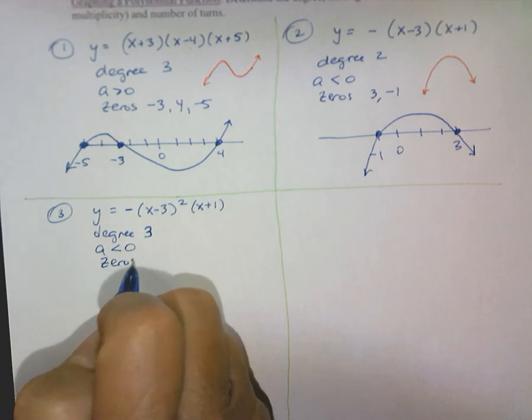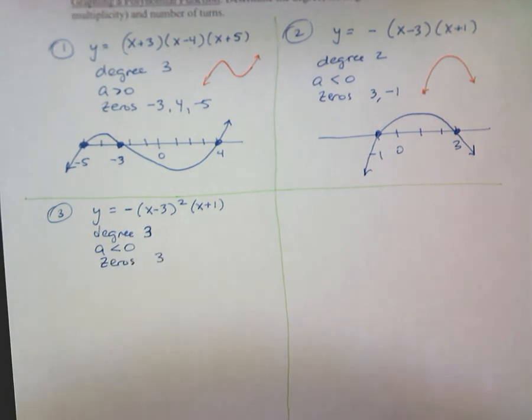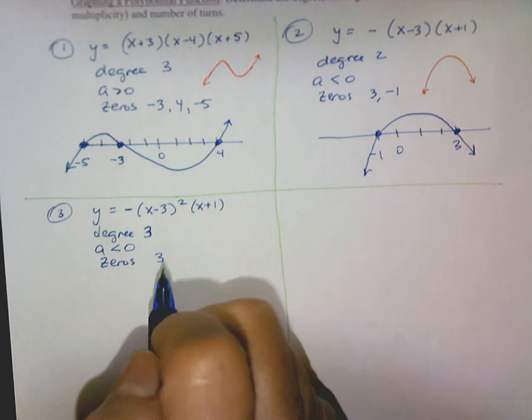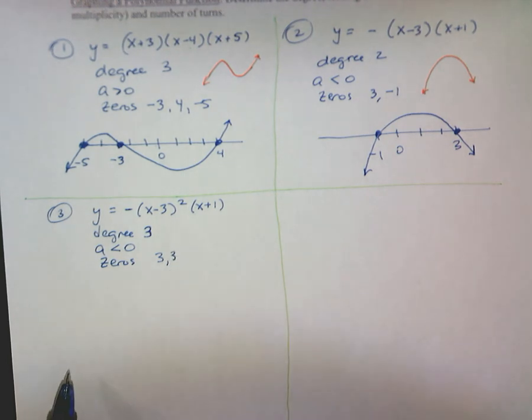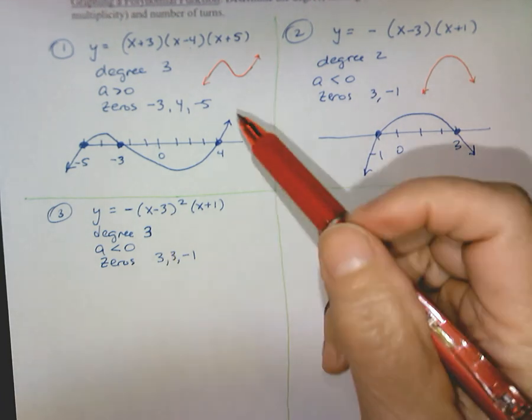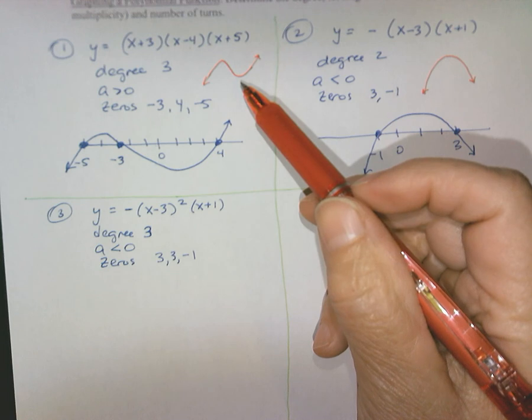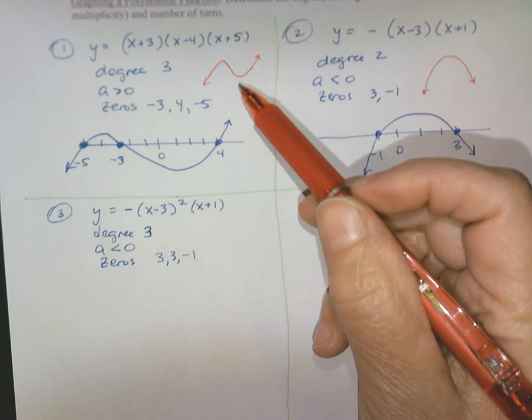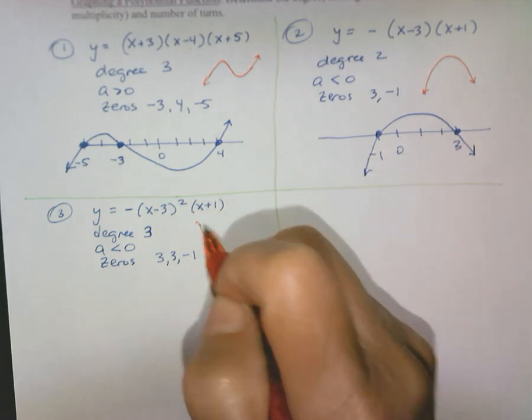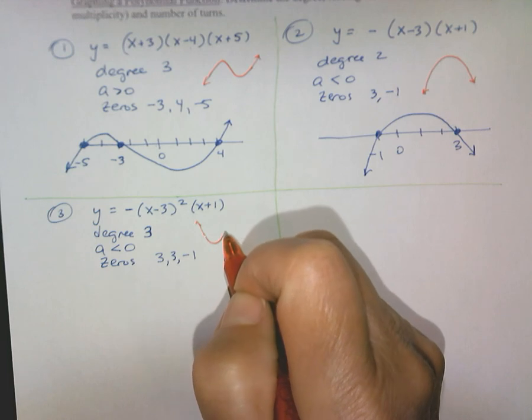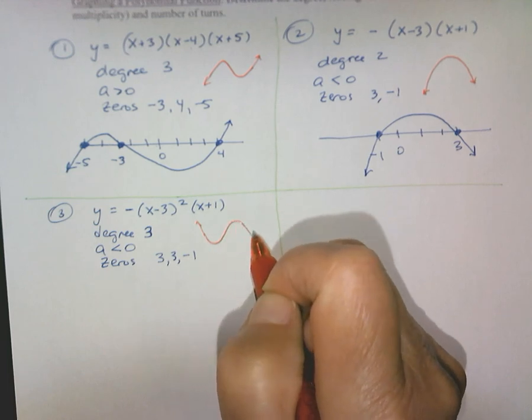And my zeros are 3. It's used twice, so I'm going to actually write it twice. It helps me when I draw this. And then negative 1. So I know the shape of this. It's going to look like this one here did, but it's going to be a reflection over the x-axis. So it's actually going to start up here, come down, turn, go up, turn, and come back down.